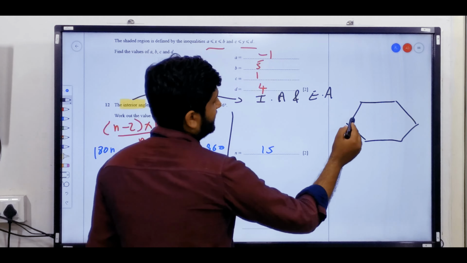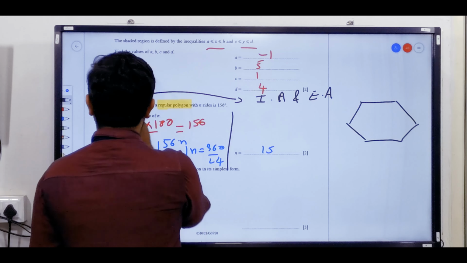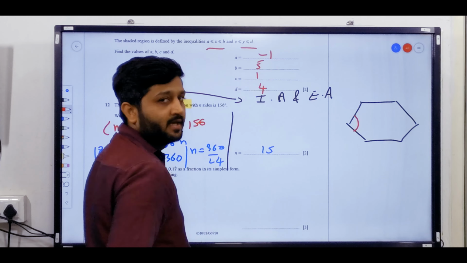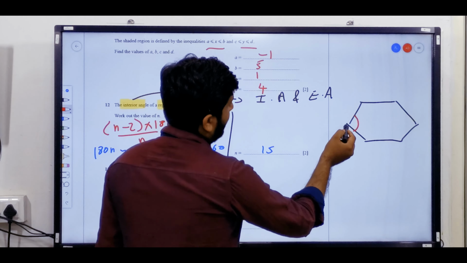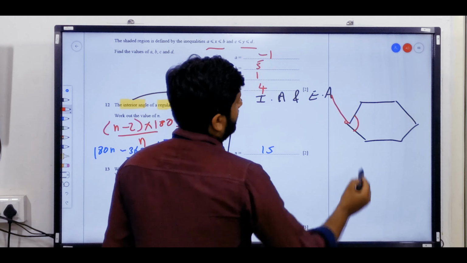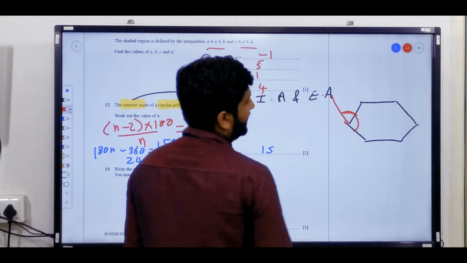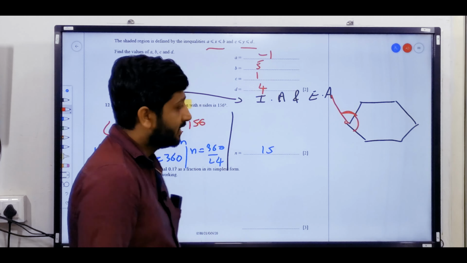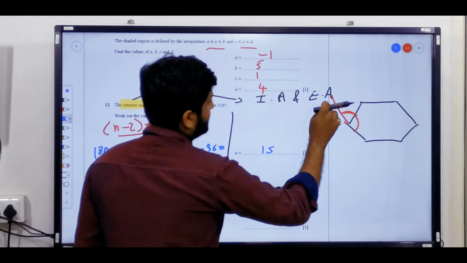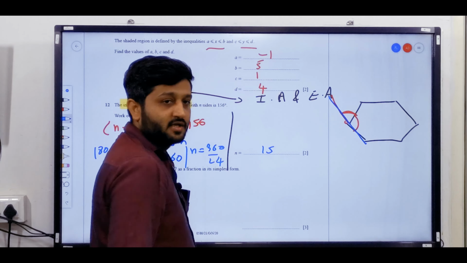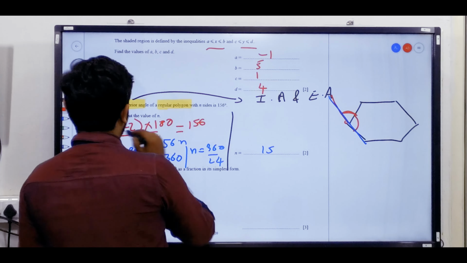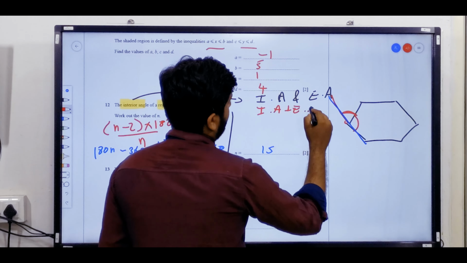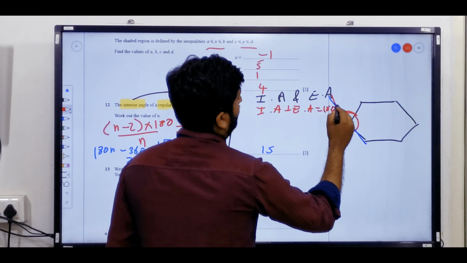As you can see, this here is my interior angle. Now if I extend this line, this becomes my exterior angle. This is my interior angle and this is my exterior angle. Now this lies on a straight line, so my interior angle plus exterior angle should be equal to 180.